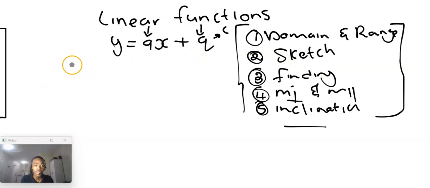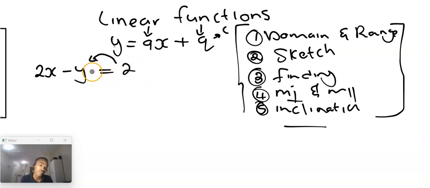So basically here if we have, for instance, 2x minus y is equal to 2, so here you have to manipulate the equation using algebraic expressions, right? So meaning you have to transpose the 2 that side and then transpose the y that side, so that you make y the subject of the formula.